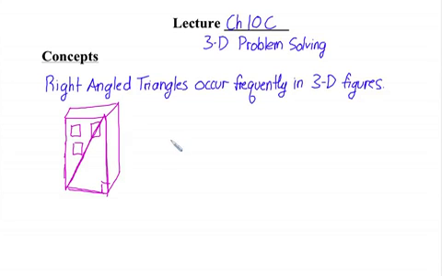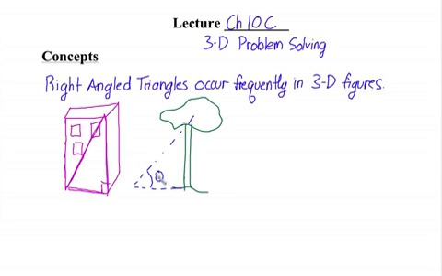We can use right triangles to help us find the height of trees. If I can view the angle of elevation, which we've seen in previous chapters, I can use right triangles in trigonometry to help me find the height of a tree.